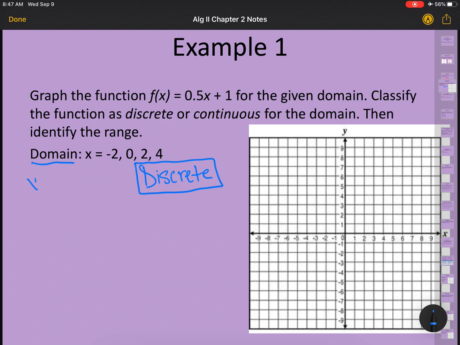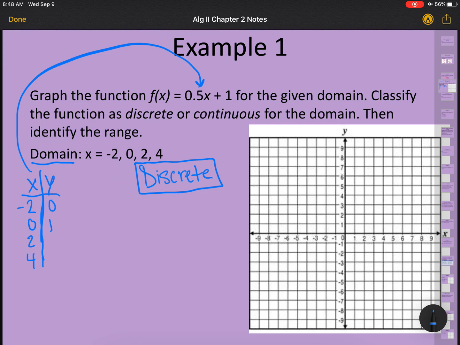In order to do that, I want to make a table with these given values of the domain. If I plug these x values into my original function, if I plug negative 2 in, I get 0. If I plug 0 in, I get 1.